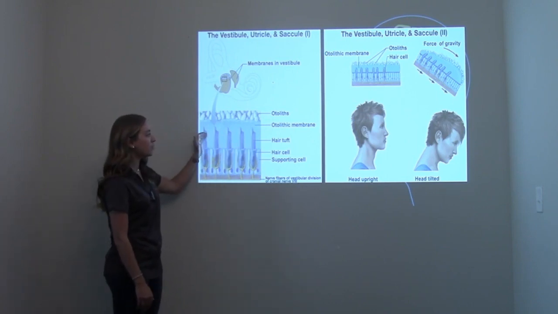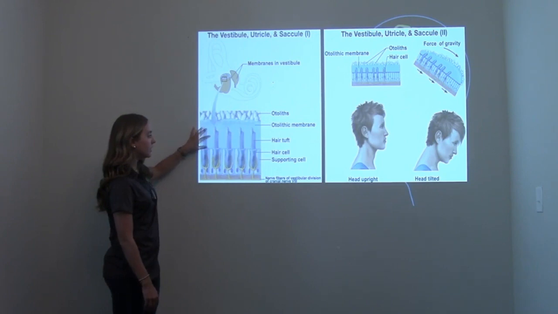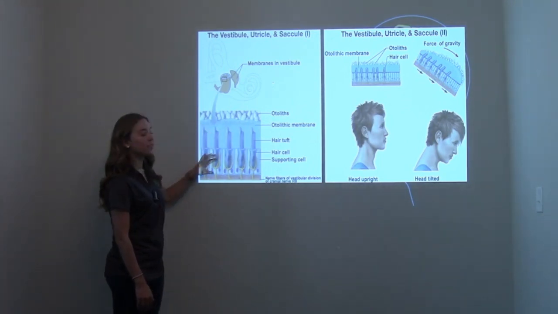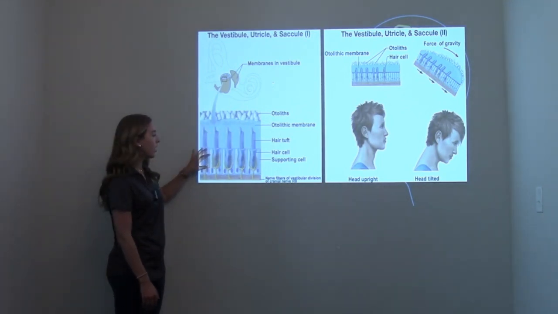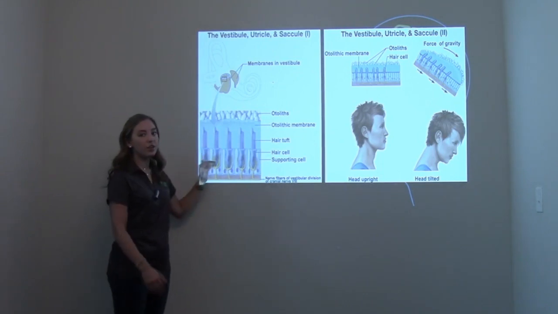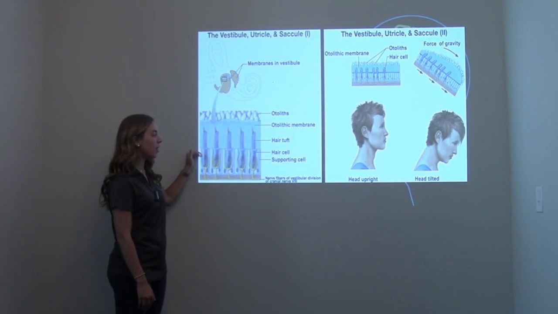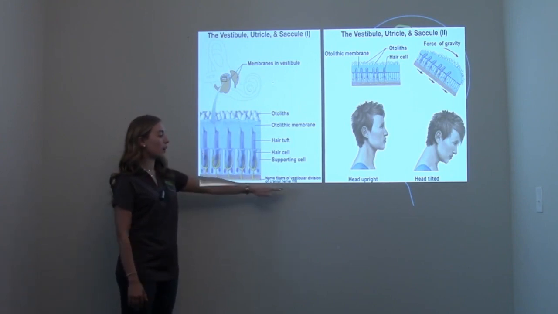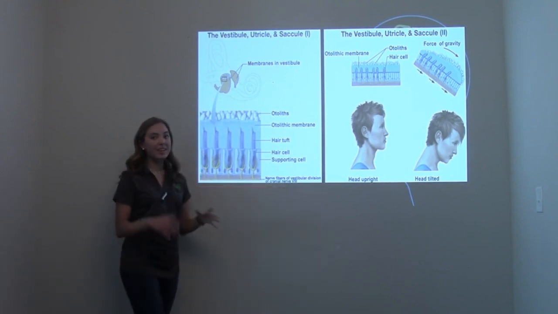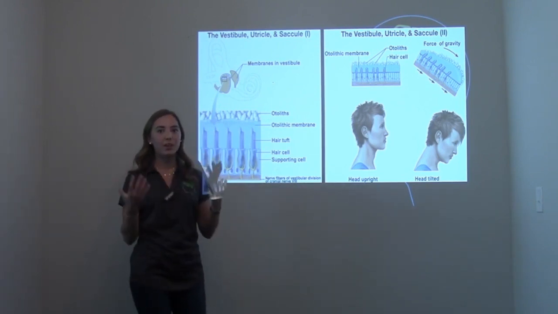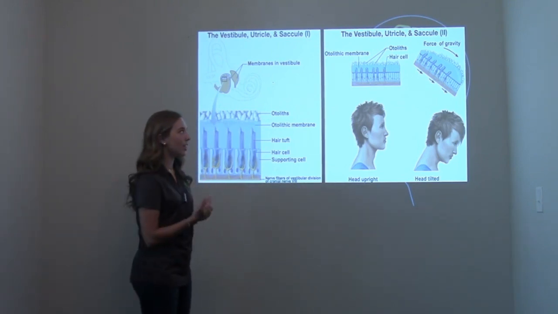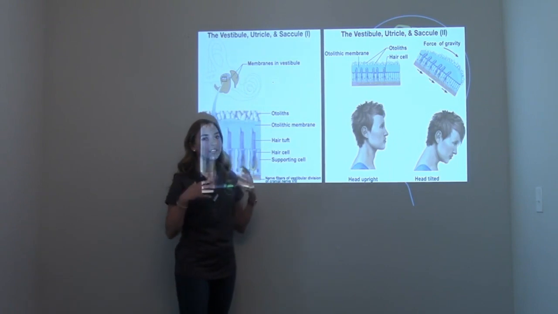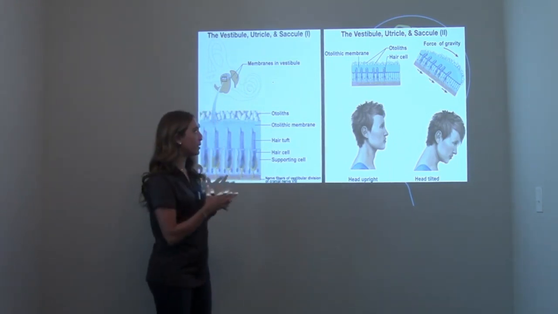And this bending and movement of the cilia is what helps our hair cells to be activated. They know that we are moving. And so when the hair cells are activated, neurotransmitters are going to be released that will cause the depolarization of our cranial nerve 8 to tell our brain that we are moving. And this is how that orientation happens from our inner ear to get that signal into our brain.